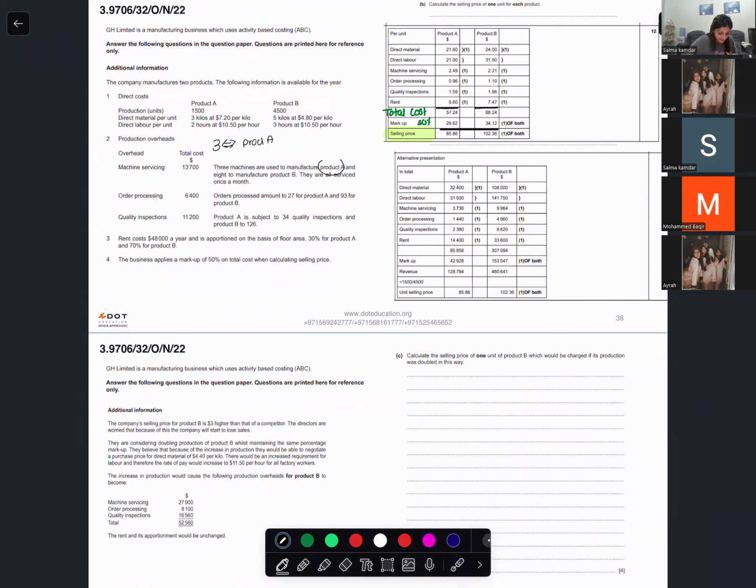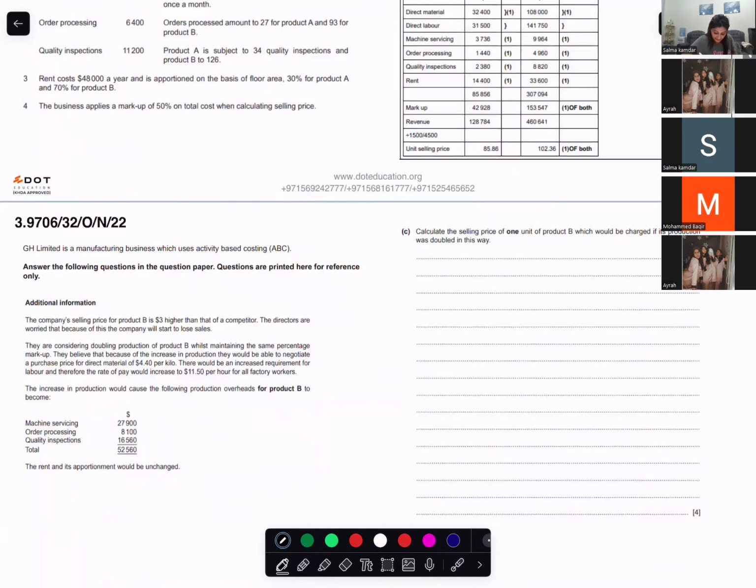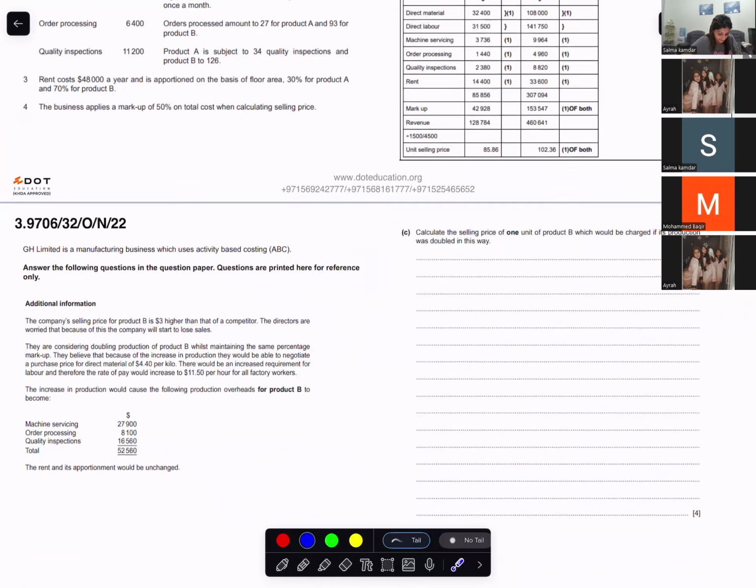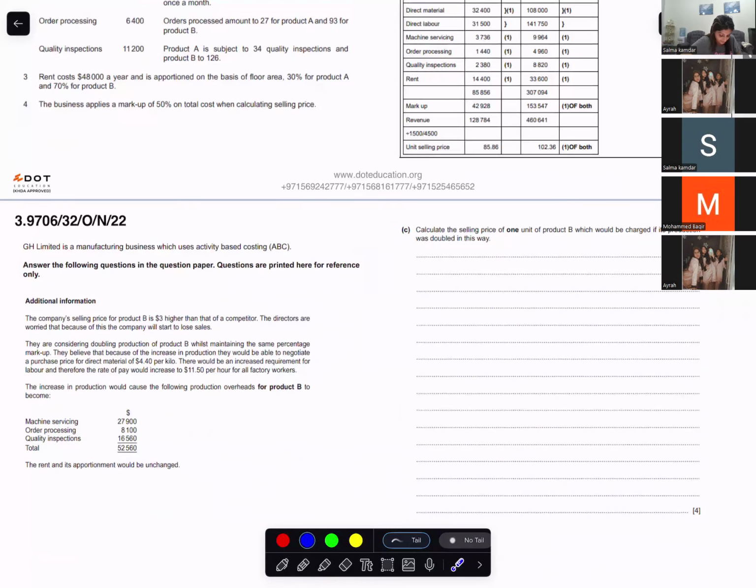They are considering doubling production of product B while maintaining the same percentage markup.